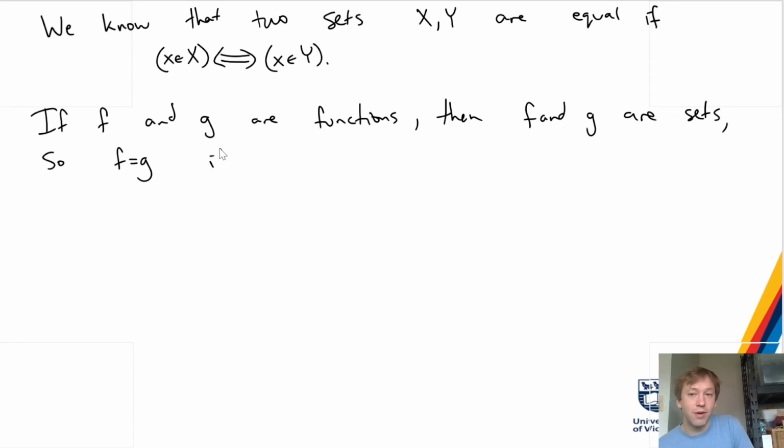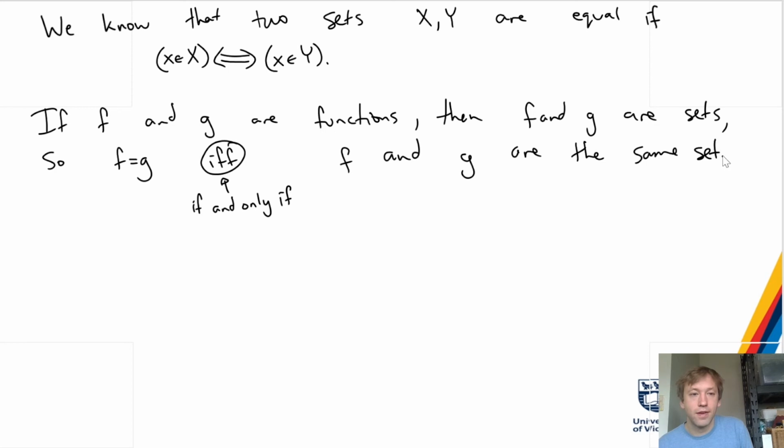So we define f to be equal to g if and only if, by the way, this iff, in case you haven't seen this before, means if and only if, f and g are the same set. But to be a little bit more careful here, let me give you an equivalent definition.